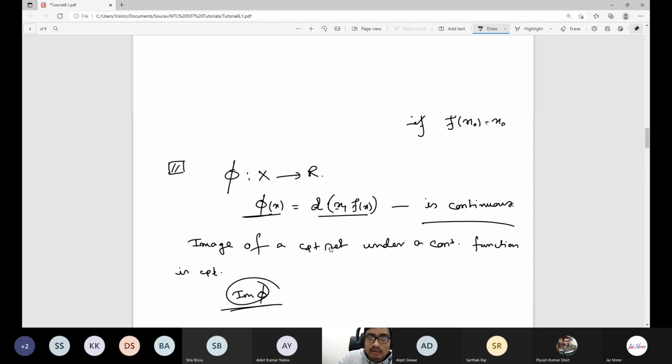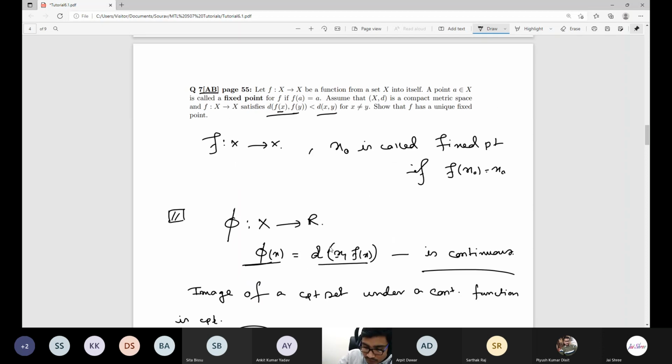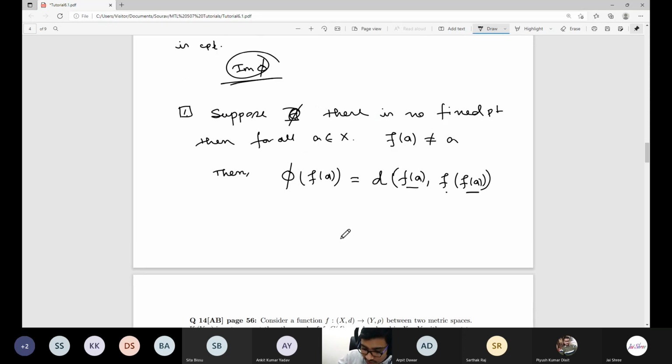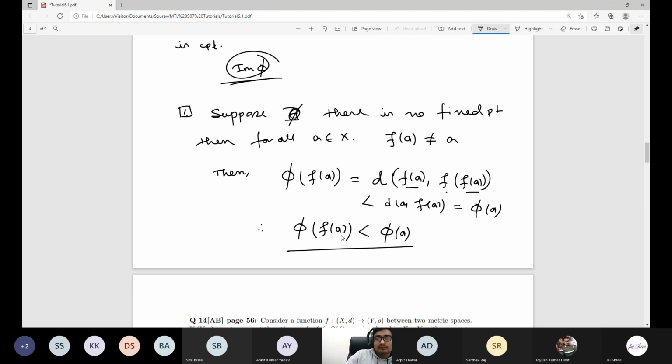But by the definition of this metric, d of fx comma fy is strictly less than d of x comma y. So this is strictly less than d of a comma fa, which by definition is phi of a. So phi of fa is less than phi of a.